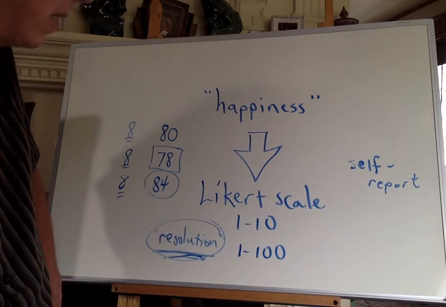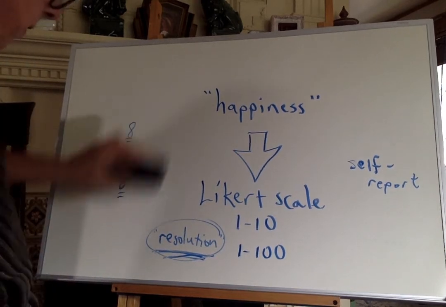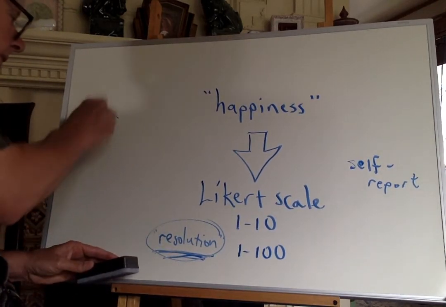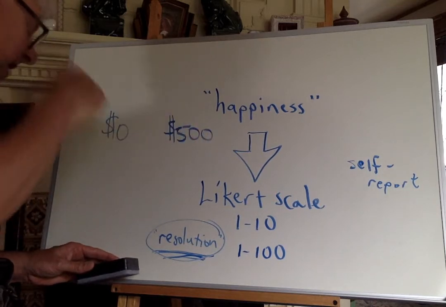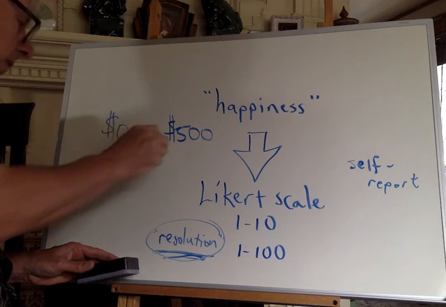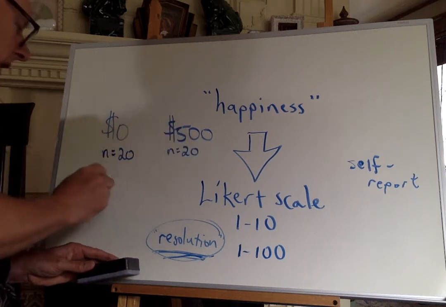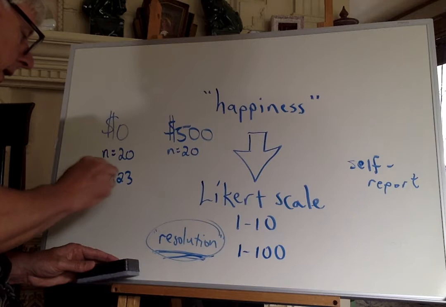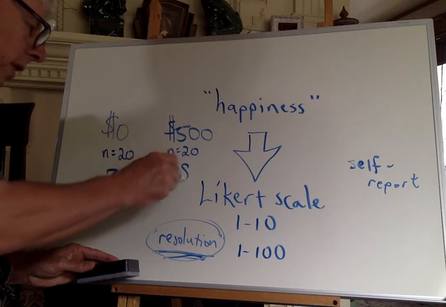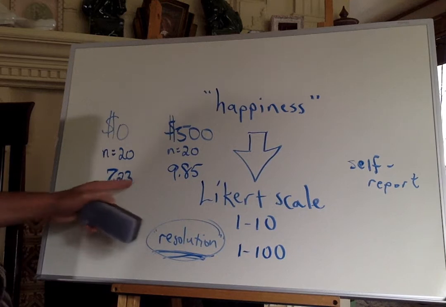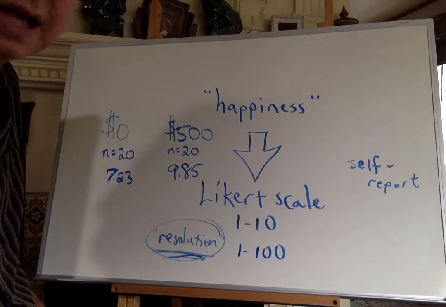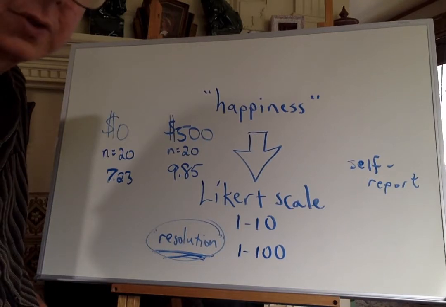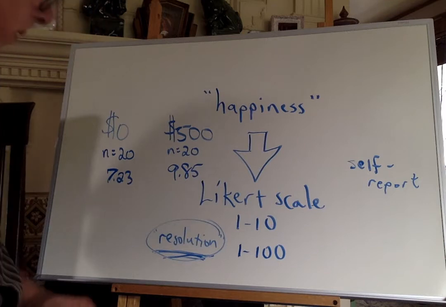If I did this experiment where I had one group get $0 and one group get $500, and this is a group of, let's say, 20 students, and this is a group of 20 students, and the average happiness here is 7.23, and the average happiness here is 9.85, then I have some indication that money is causing the happiness, okay? So that's how it works with my measure here.